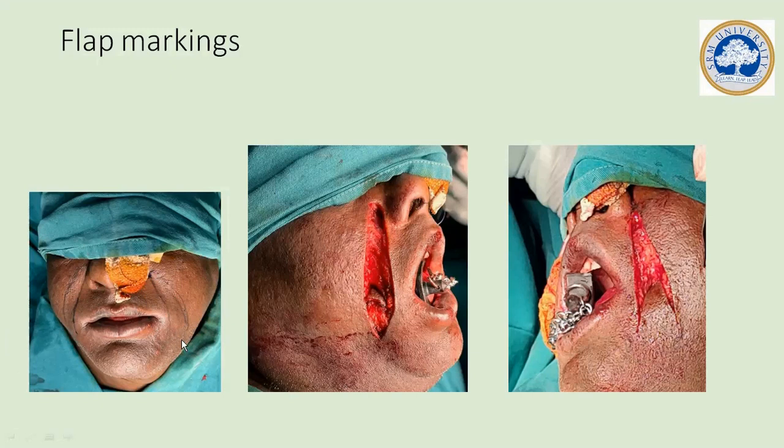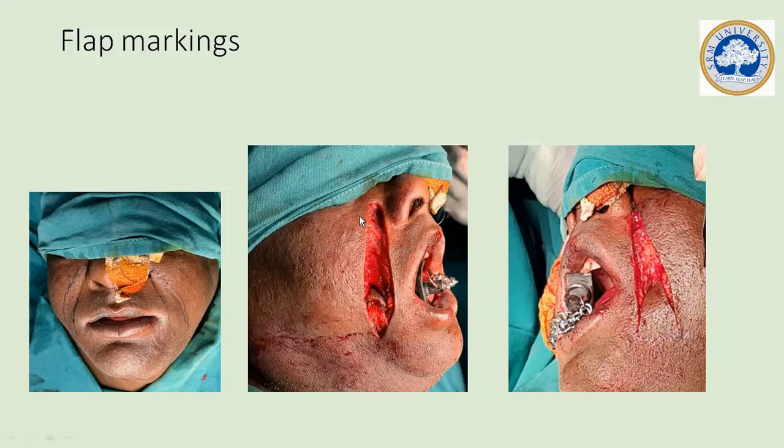For intraoral reconstruction, mainly the inferiorly based flap is used. In the second picture, the flap is raised above the muscles of facial expression, taking care not to damage the facial artery and facial nerve, and at the inferior portion just the skin and subcutaneous tissue is incised and it is tunneled into the defect and then sutured.